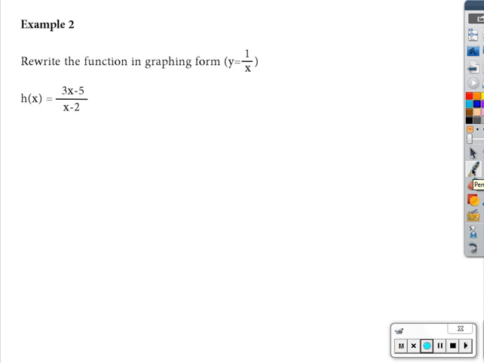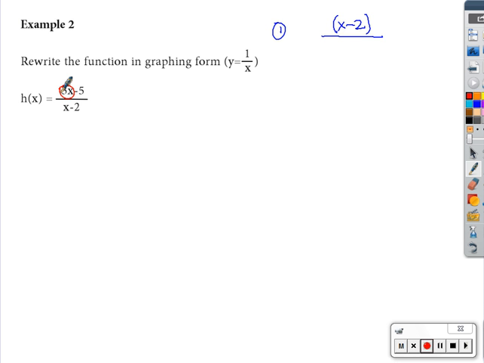I'm going to walk you through it first, and then we'll go over what the steps were to recap. So I have 3x minus 5 divided by x minus 2. Step 1 is always going to be to write your denominator, x minus 2 in this case, into the numerator. Just write it there. Step 2, multiply that binomial so that we can obtain our lead coefficient 3x.